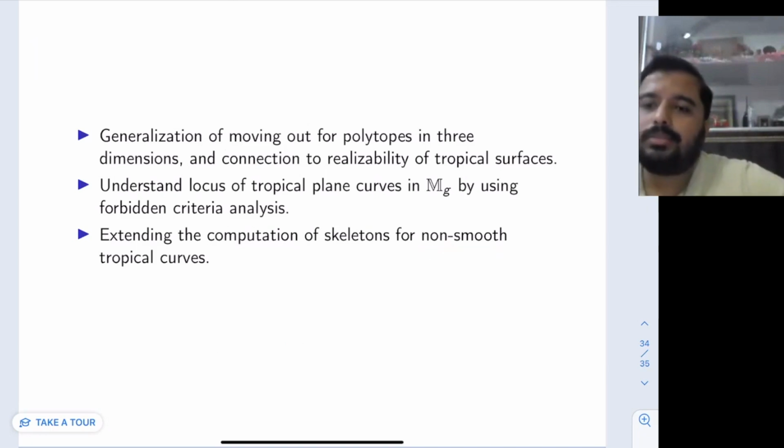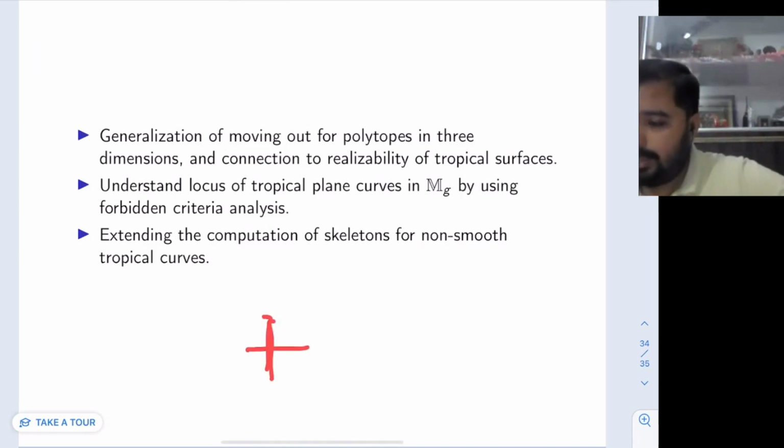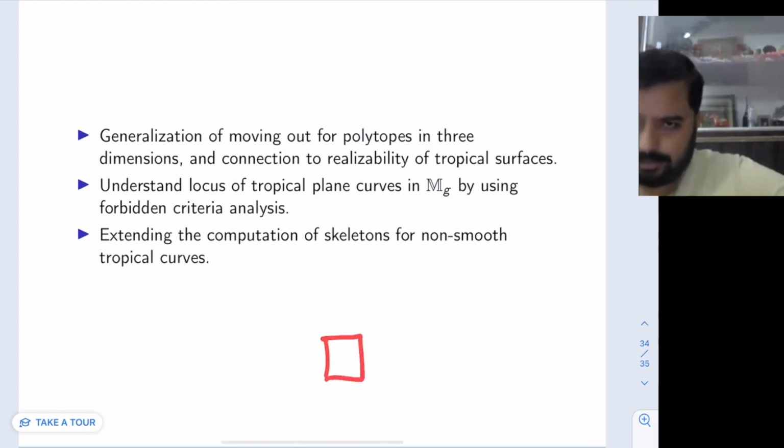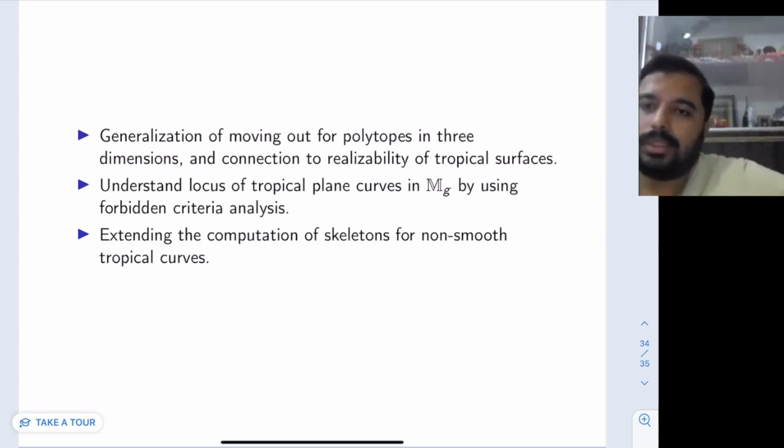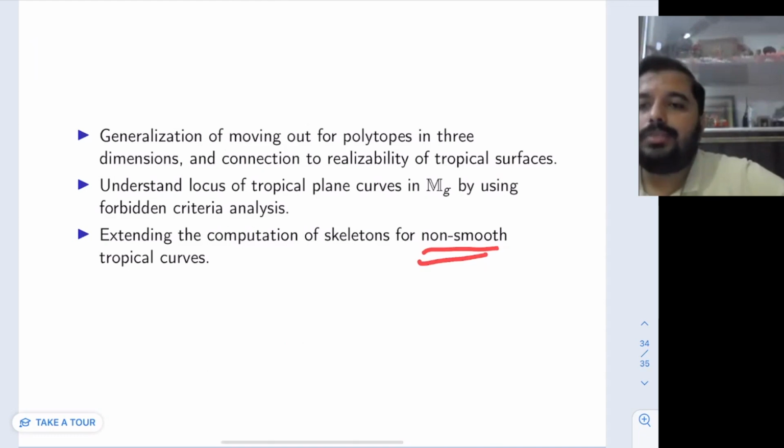If you relax the smooth condition and allow certain tropical singularities, very simple nodal singularities would allow such faces to occur. Even in the planar case, let's say we stick to the planar case, but we are interested in non-smooth ones. There has been some interest.